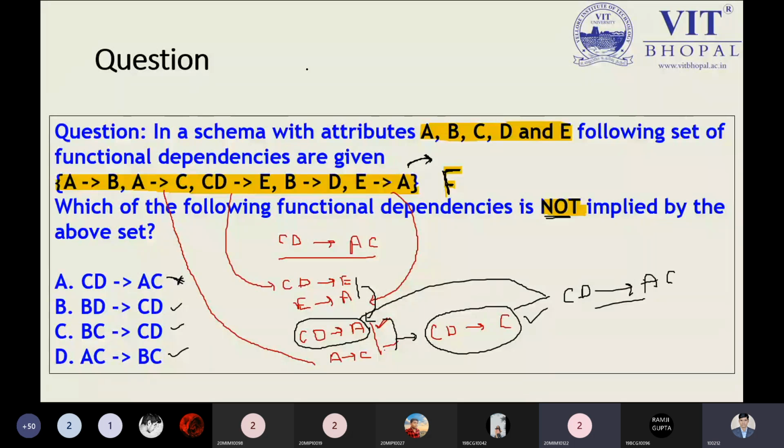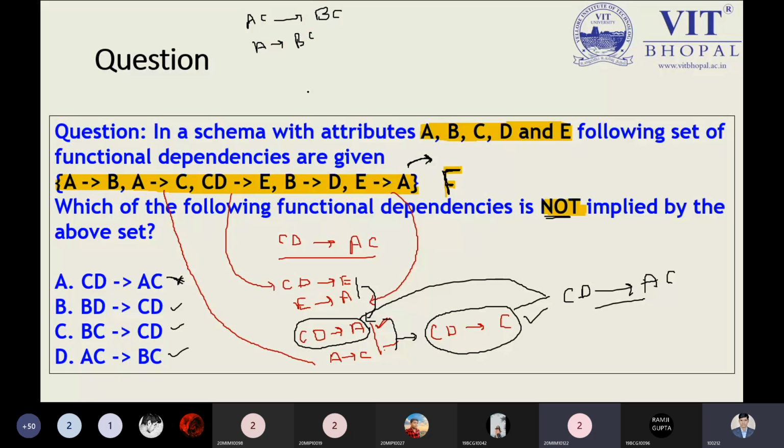So let me check option D. AC determinant to BC. Okay, you are saying this one. By applying the augmentation rule, we can say A determinant to BC is also possible. Yes, sir.